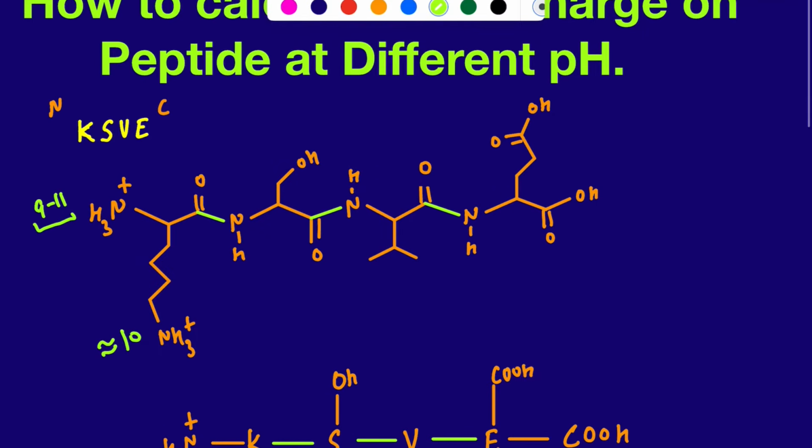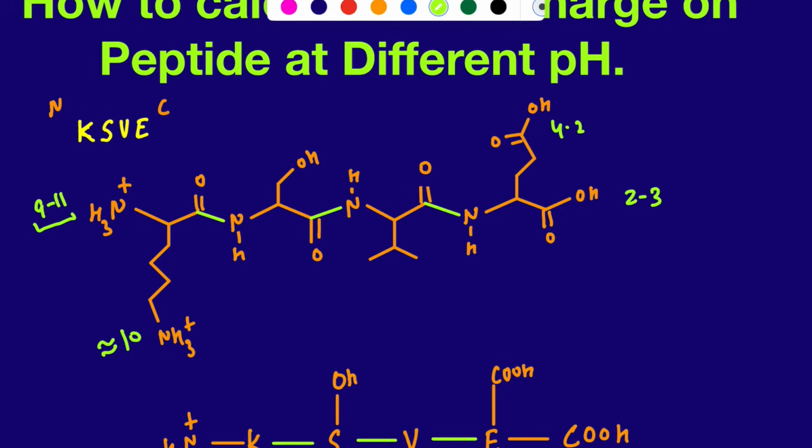Coming down here, the C terminal pKa runs anywhere between, I would say, 2 to 3 on average because it's acidic, and then the glutamate side chain pKa is about 4-ish, 4.2. So it's still going to be around that range.